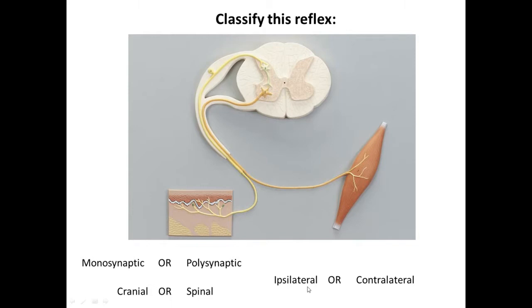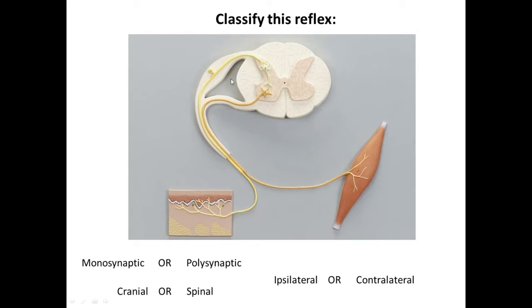And can I predict, is this ipsilateral or contralateral based on my picture? Yeah, so a few of us are voting in. This is ipsilateral because the sensory information comes in on this side and the motor information goes out the same side.